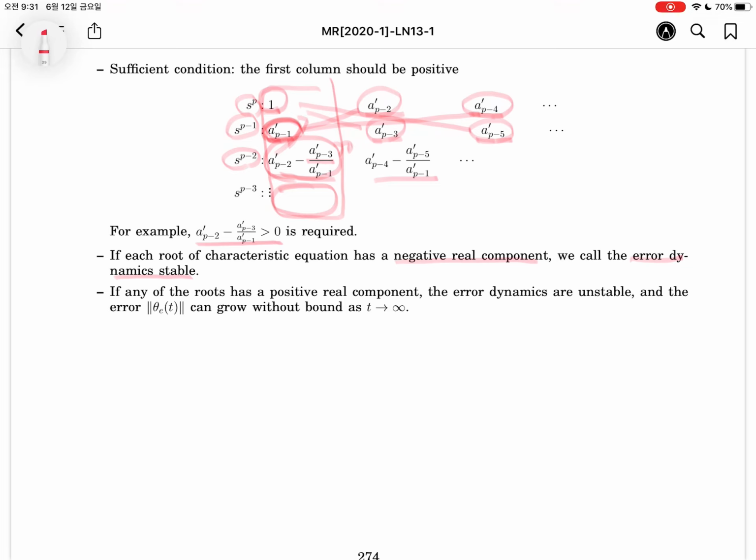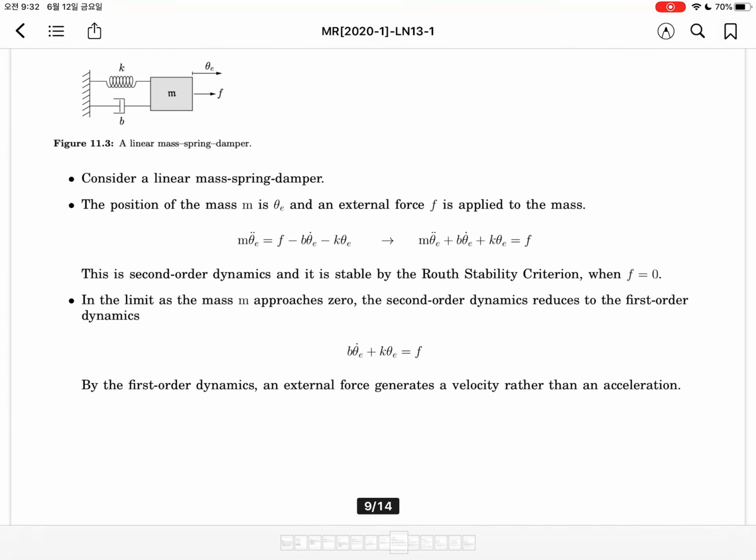If any of the roots have a positive real part, let's assume that the p eigenvalues exist and one of them just has a positive real part, at that time the response will be unstable. Okay, is it right? So if any of the roots have a positive real component, the error dynamics will be unstable.